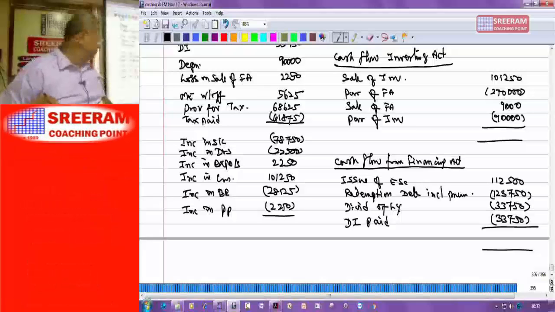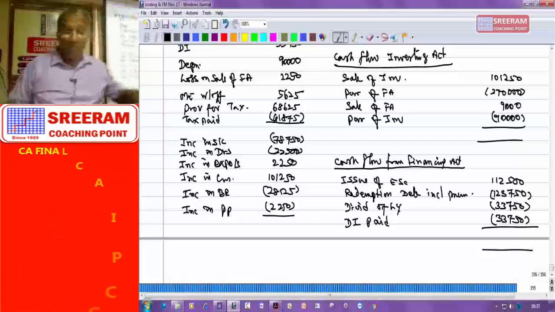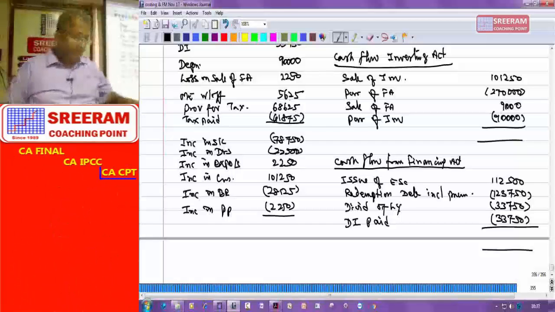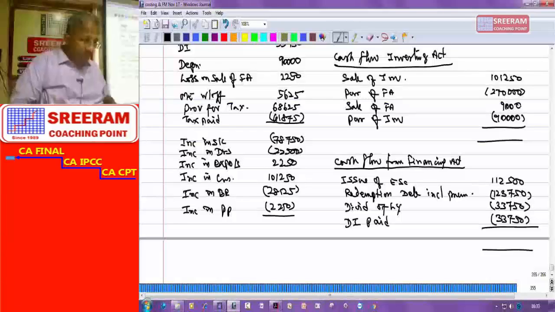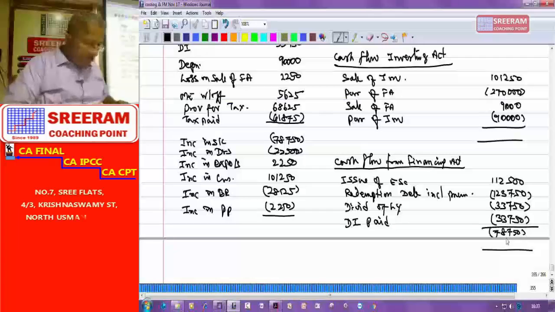33,750 into 2 plus 123,750 minus 112,500. So 78,750 within brackets. Correct? So how much is that? 3,60,000 minus 9,000 minus 101,250.